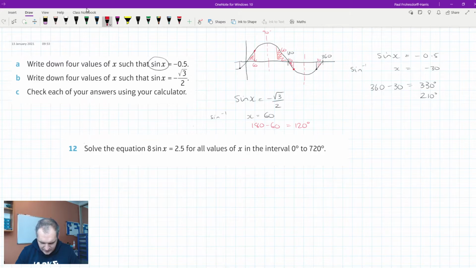Because we should have minus √3/2, and we wanted sine to the minus 1 of that. There we go, and it should have been minus 60. Mr. Harris probably should have spotted that coming.